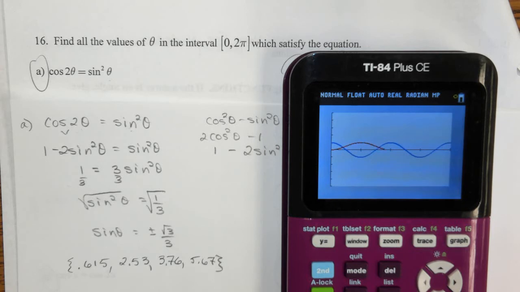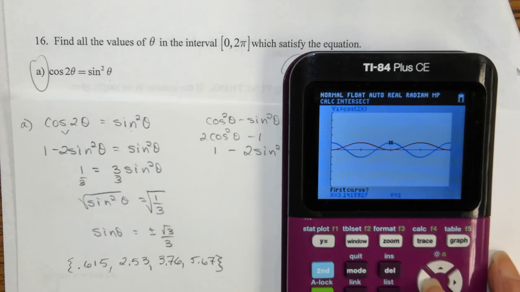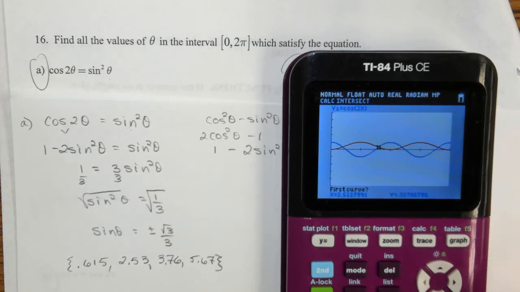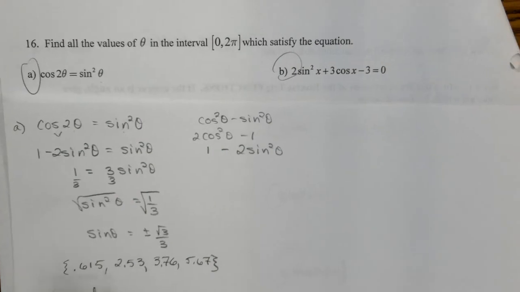Okay, and here comes our sine squared x, and we can see those intersection points, so we can just make sure that our answers make sense by going to any one of these. And there's our 2.53. So I'm pretty confident that we've got the right set of solutions here. All right. So let's go on to problem B.